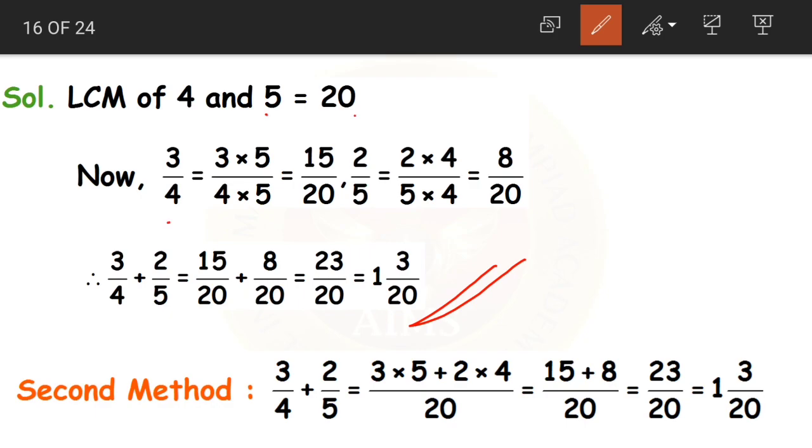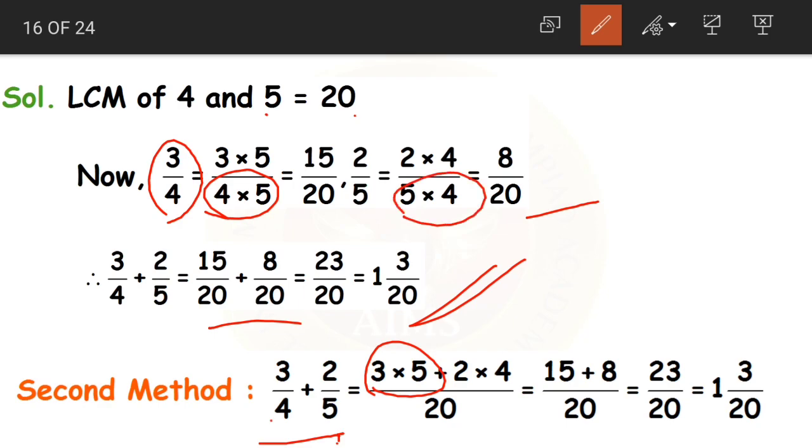First we found out the LCM and converted them into equivalent fractions separately and then added. Or else another way to do this is, instead of doing this separately, after we write 3 by 4 and 2 by 5, the LCM here we got is 20, right, students? So simply write the denominator 20 here and just multiply the numerators.